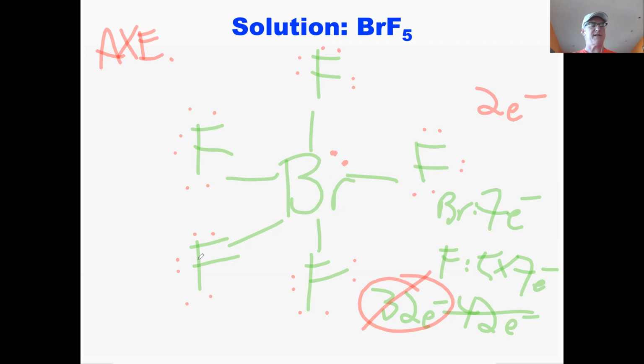Why is bromine the central atom and not one of the fluorines? Why did I draw it like that? Because fluorine's more electronegative. Fluorine is the most electronegative.